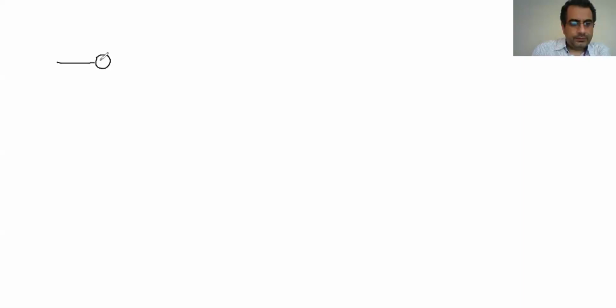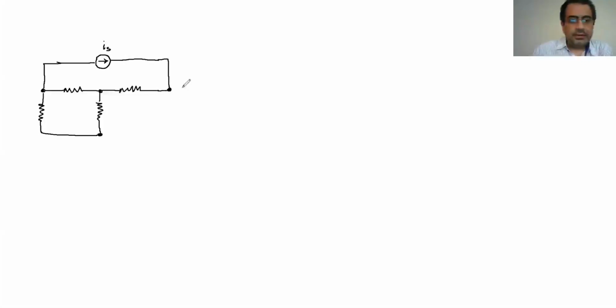We have a current source that has IS in it, and then we have a resistor here, another resistor here, and resistance here, and this.